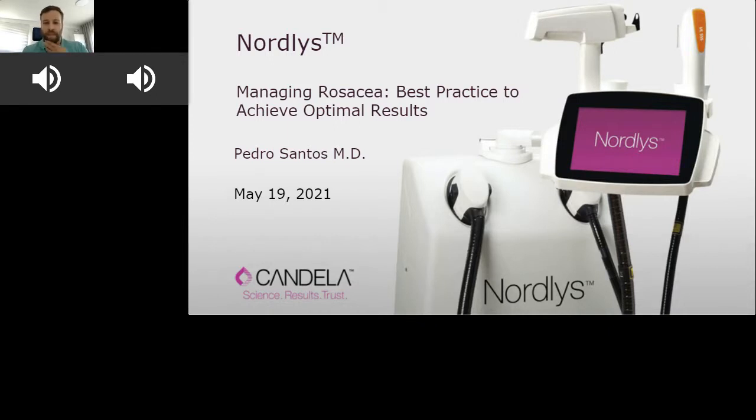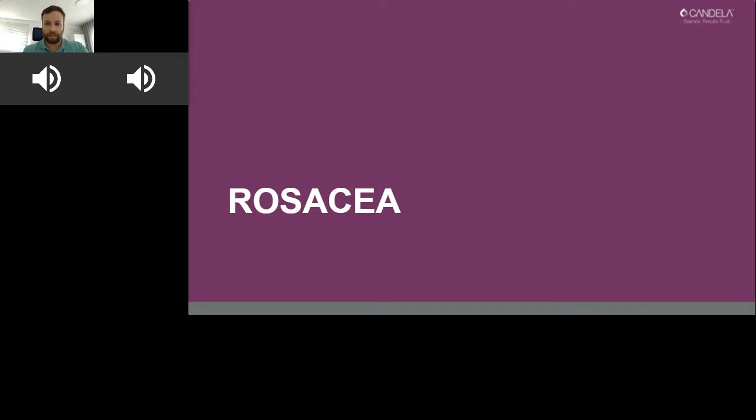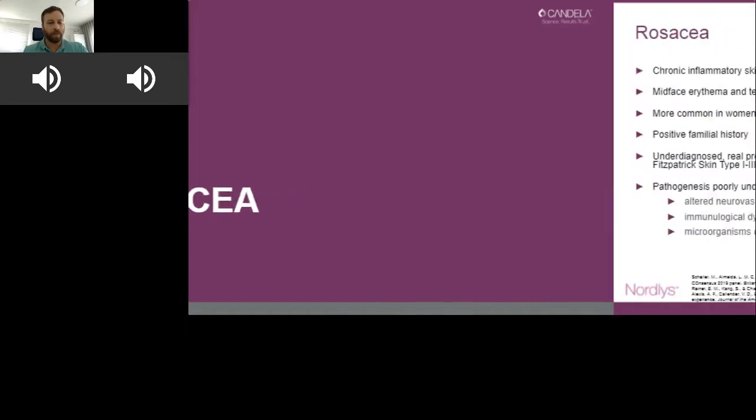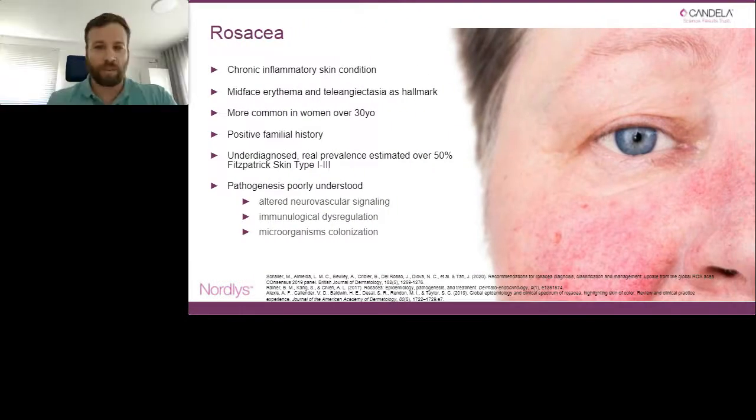But first of all, I would like to cover some extra points about our basis, rosacea, and just adding some points to Daniel: the estimated prevalence is low, but we know that this is a condition that is underdiagnosed.